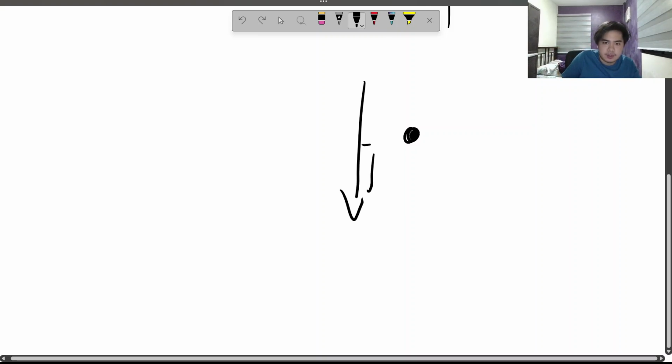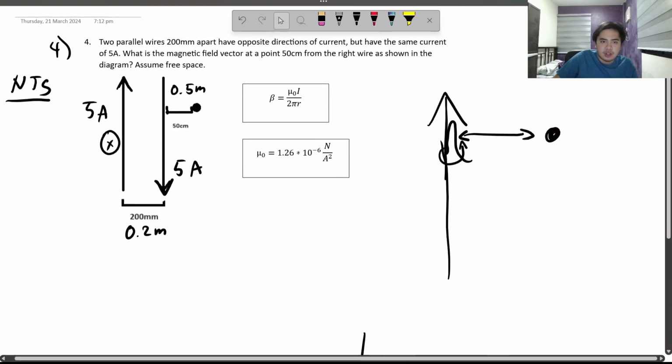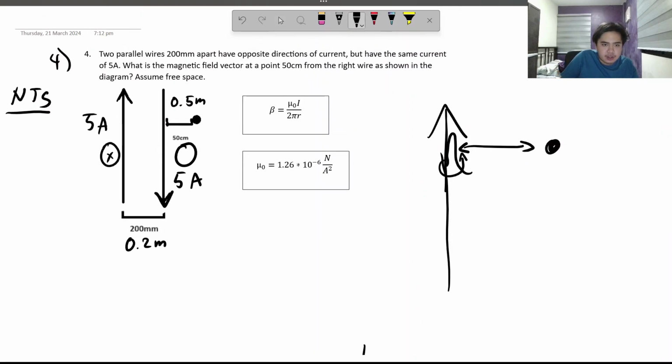Alright. So, if you put your thumb again on the same side, my fingers are pointing towards me or out of the page, which is denoted by a dot. So, in here is denoted by a dot. Alright? Let me do it again.